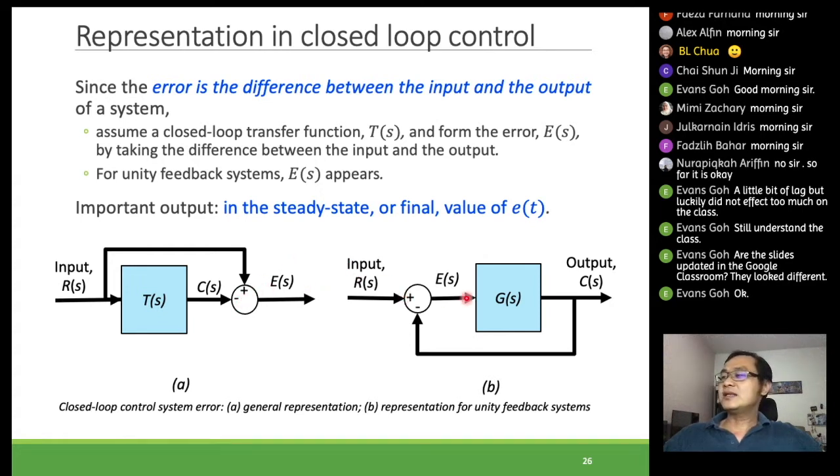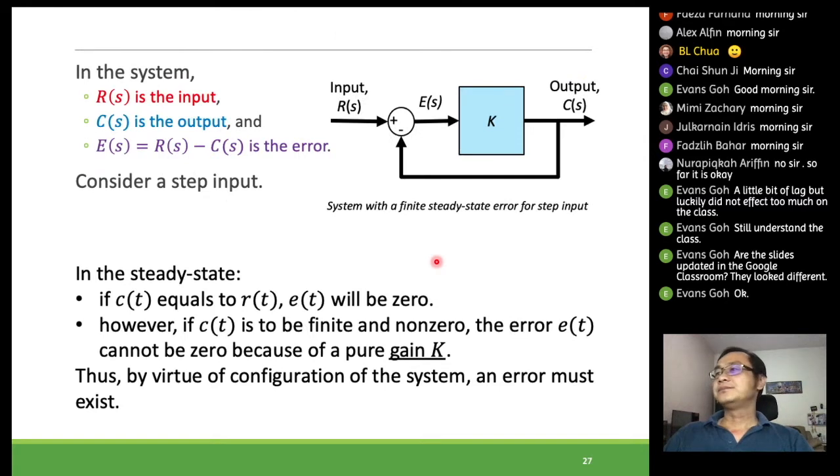Same with this, in the feedback loop, the output goes back, and we compare the input and the output, giving us the error. So both representations of control would be okay. And then we will see how they change according to the type of system and the type of input in order for us to get the steady state error.